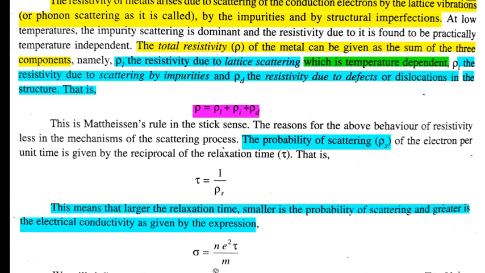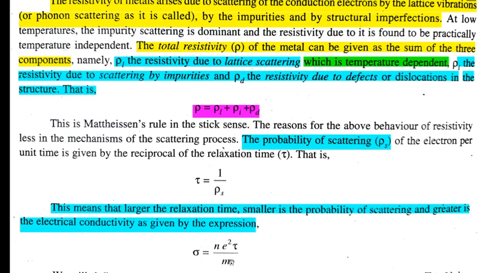So ultimately, from the empirical survey, this theoretical model has made one correction, because out of all four parameters, n is fixed, e is fixed, tau is fixed for the situation, then why is the conductivity changing? Only one factor is going to be corrected, and that is the mass of the electron. So if the electron passes the vicinity of a host ion, then due to nuclear attraction its speed will reduce a little. Reduced speed in that situation is only understandable if you think the particle is a little heavier, so its velocity can be lower. That's why the new concept has been introduced, that is m star.